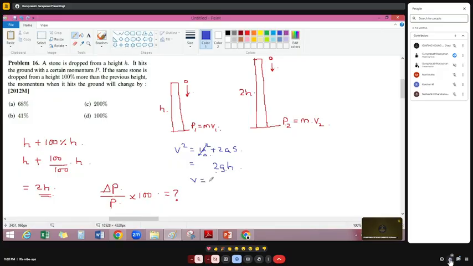You must have studied this standard formula: V is equal to root of 2GH. Here also the formula is root of 2GH, where H is now 2H. It means it will be root 2 into V1.